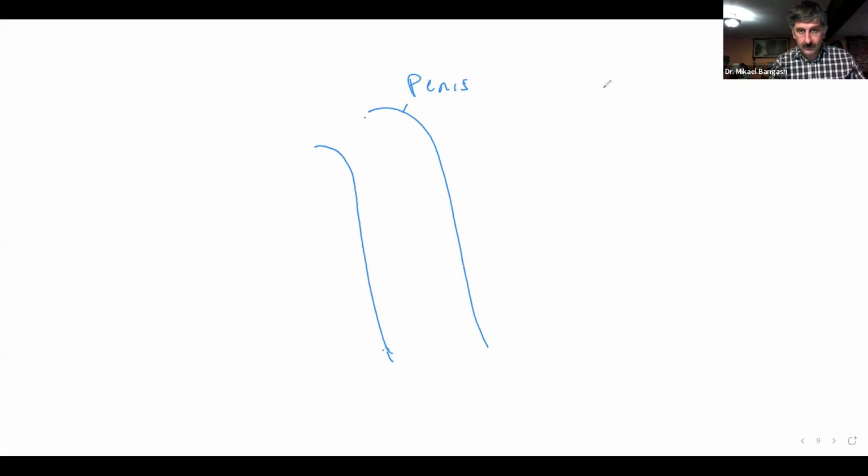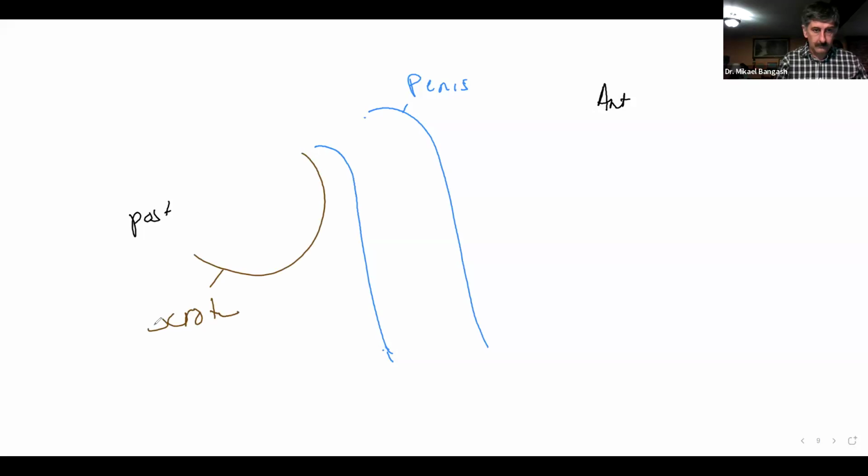Let's say this will be anterior, and this will be posterior, back here.